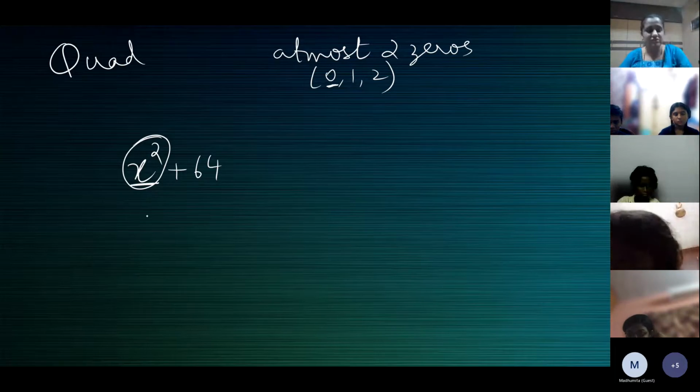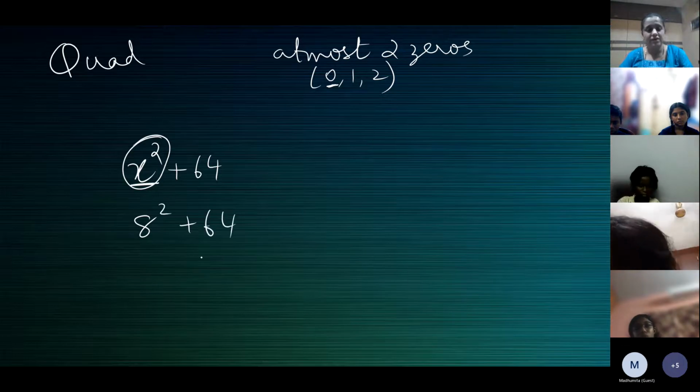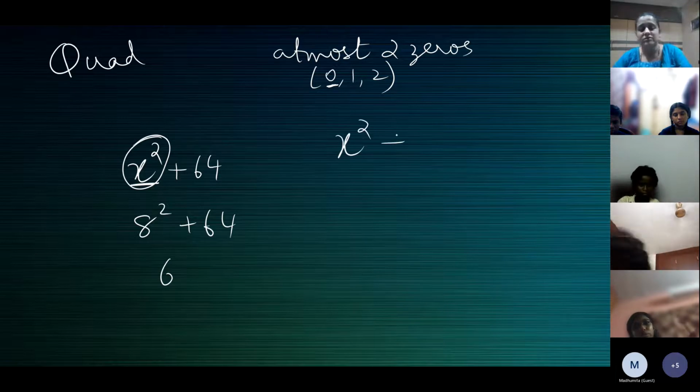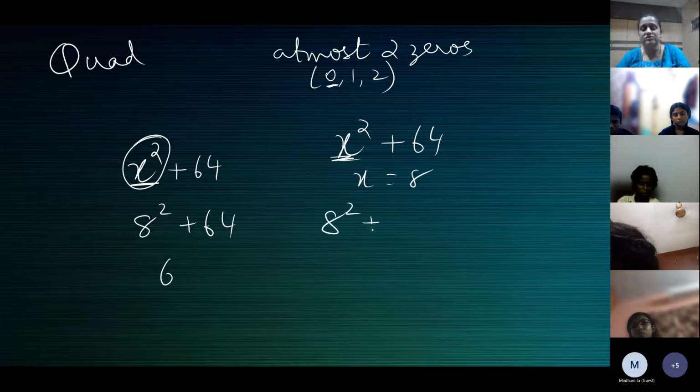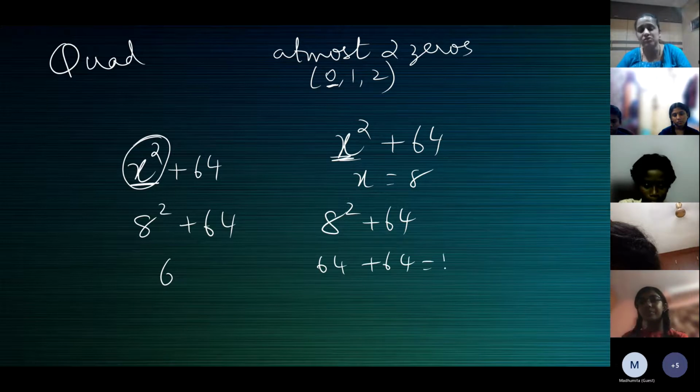Supposing you say x is 8. In place of x, if you use 8, what will you get? 8 squared plus 64, so 64 plus 64 is 128. It's not 0.